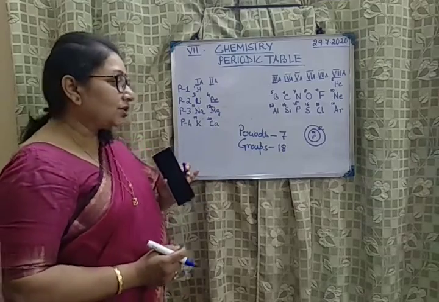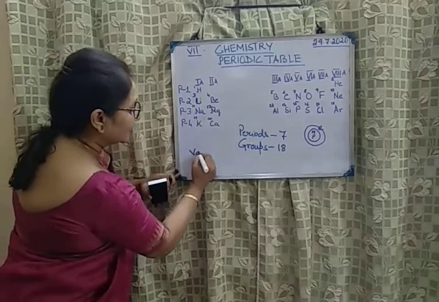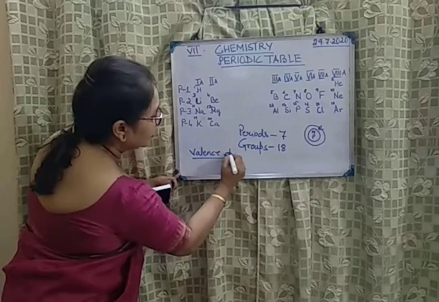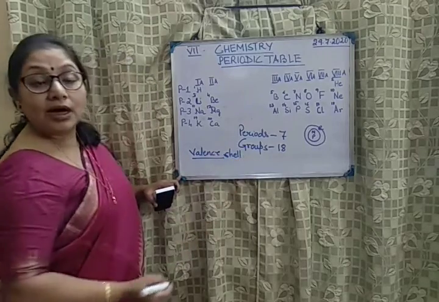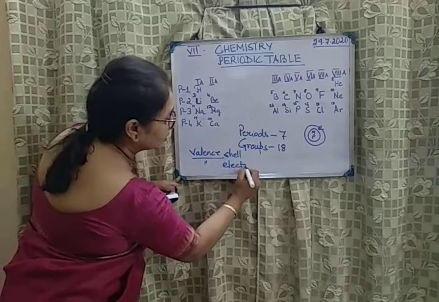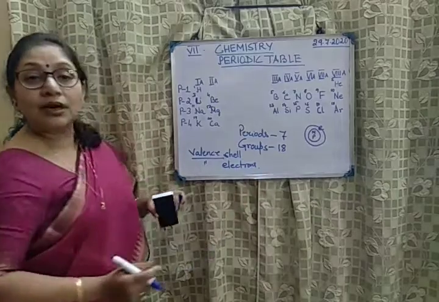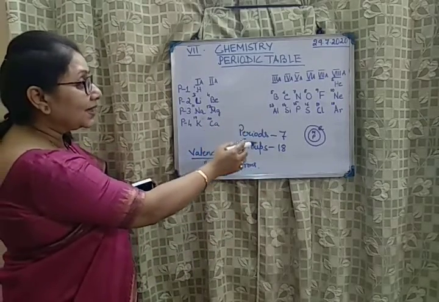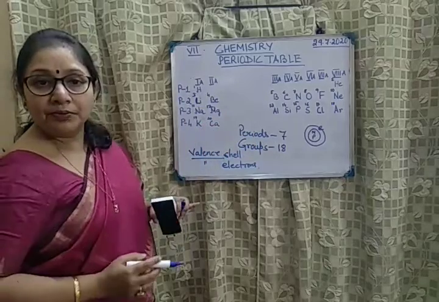The outermost shell is also referred to as the valence shell, and the electrons present on the outermost shell are called valence electrons. So according to the number of electrons on the outermost shell, elements are placed in that particular group number.